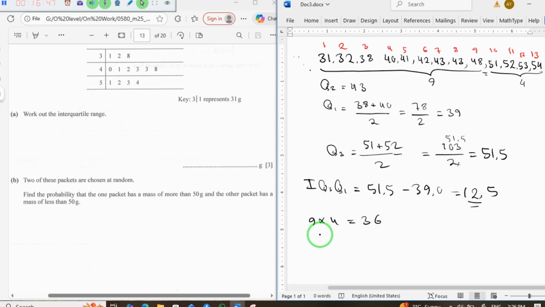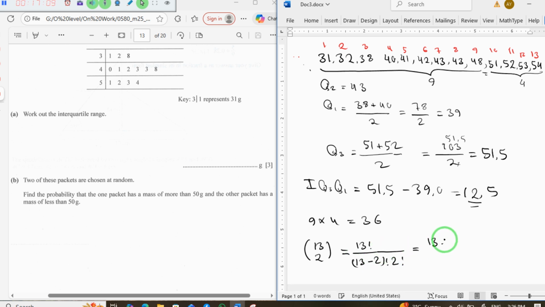Then we calculate the total condition. Here we have 13 items in total and we choose randomly 2 items. So we calculate the combination: 13 factorial over 13 minus 2 factorial, times 2 factorial. This is the formula of combination.